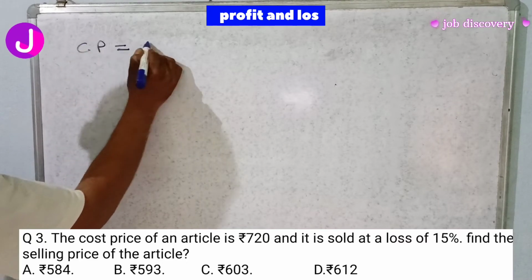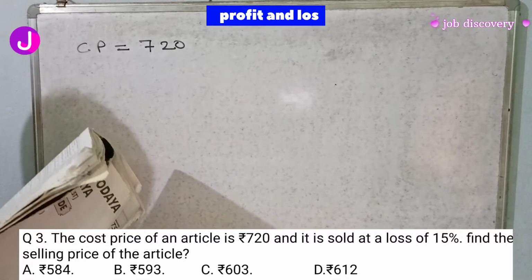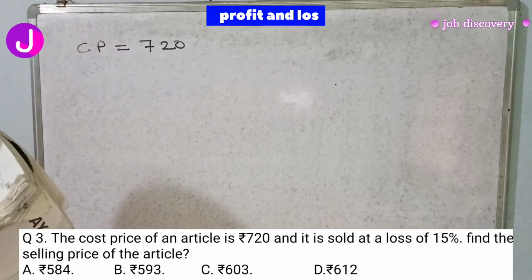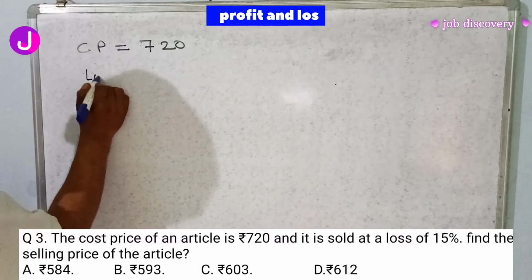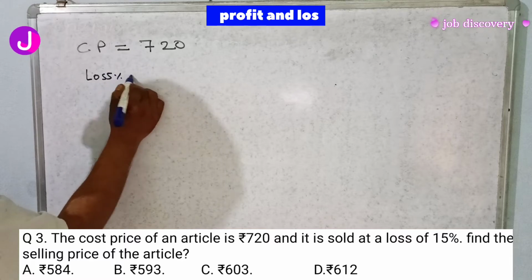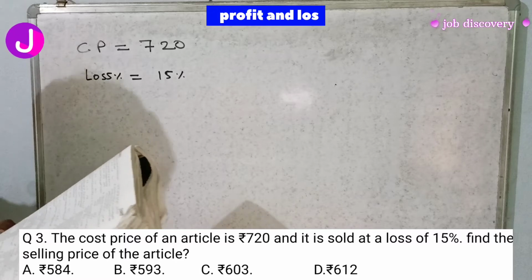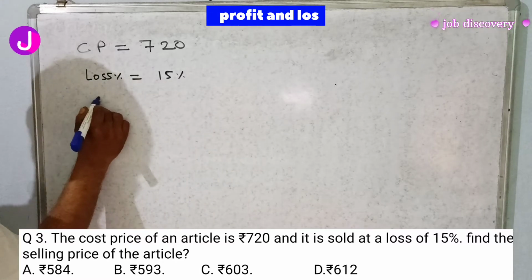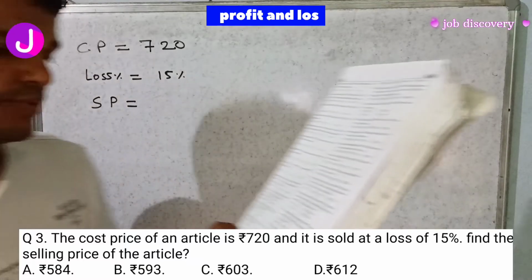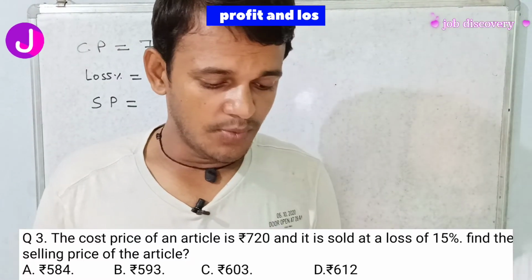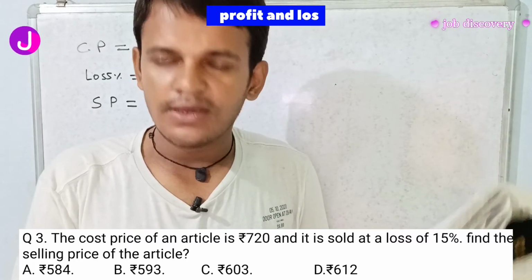Cost price is equal to 720 and it is sold at 15% loss. So loss percent is equal to 15%. We need to know again what is the selling price. There are 4 options. Option A is 584, option B is 593, option C is 603 and option D is 612.